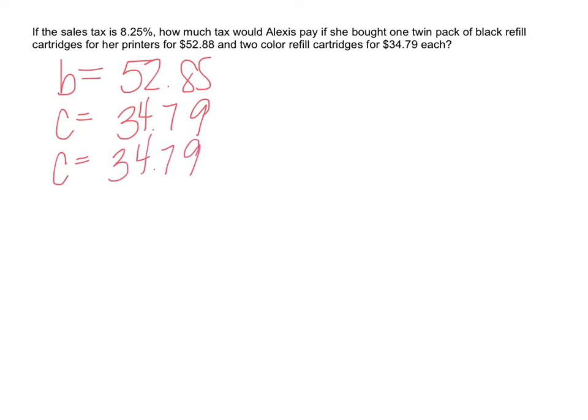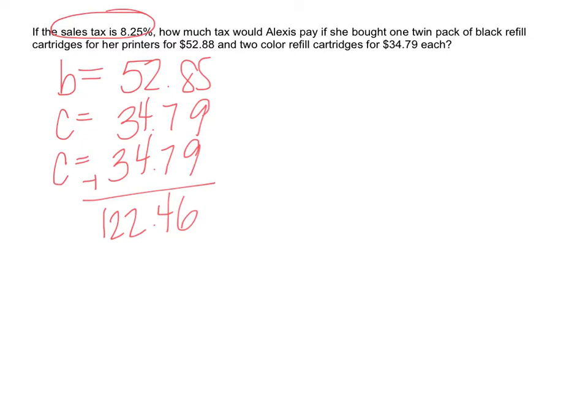Now, I have to figure out my total there, so I have to add all of those together. And when I add all those together, I get $122.46. Now, sales tax is how much the store is going to make for having that in their store.